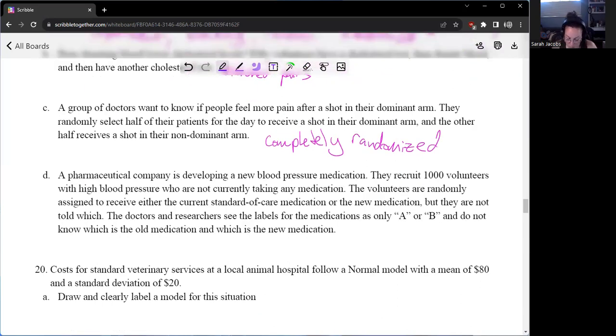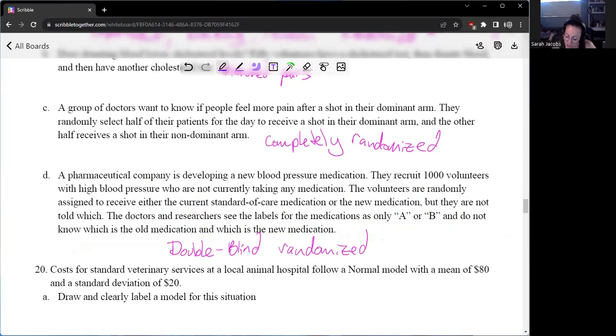Last but not least, pharmaceutical companies are developing a new blood pressure medication. They recruit 1,000 volunteers with high blood pressure who are not currently taking any medication. Volunteers are randomly assigned to receive either the current standard of care medication or the new medication, but they're not told which. The doctors and researchers see the labels for the medications as only A or B and do not know which is the old medication and which is the new medication. So this is a double-blind randomized design.